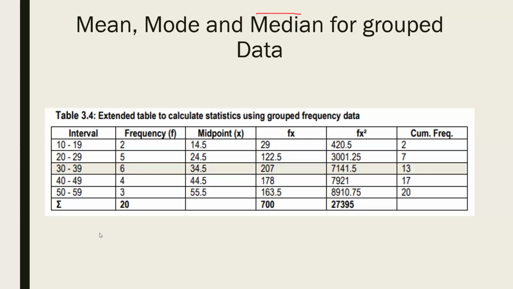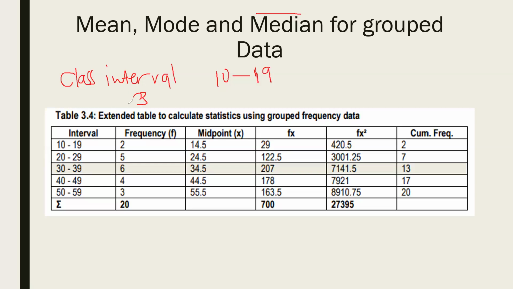Okay, let me explain again. When you are grouping data, we have what we call a class interval. An example is 10 to 19. In a class interval, we have three things. I don't think this theory is in your study guide, but I'm explaining it so that you understand.